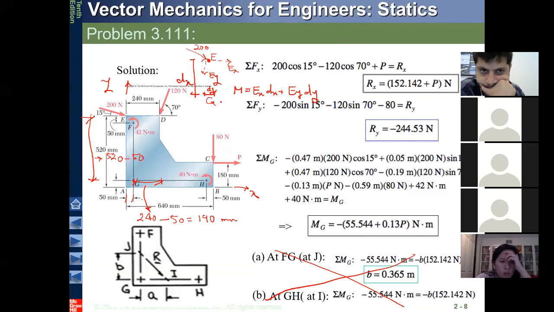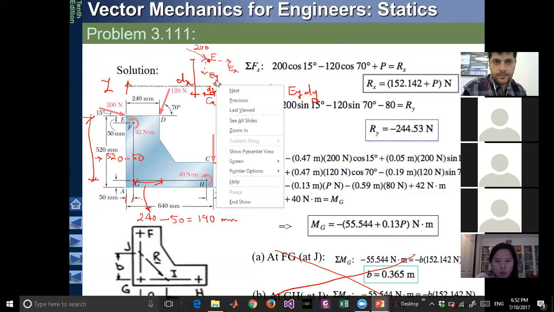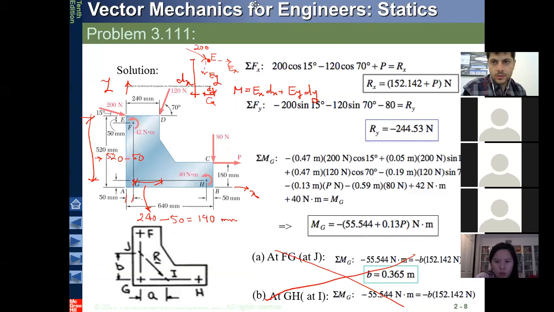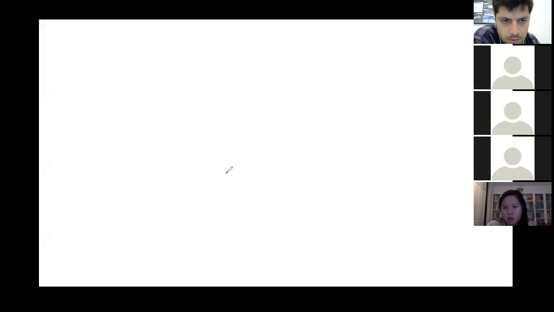Yes. So what's the question? You have point G, and you have point E, right?